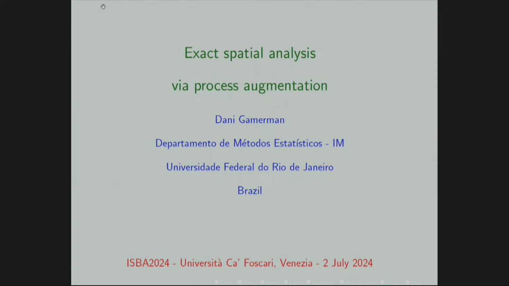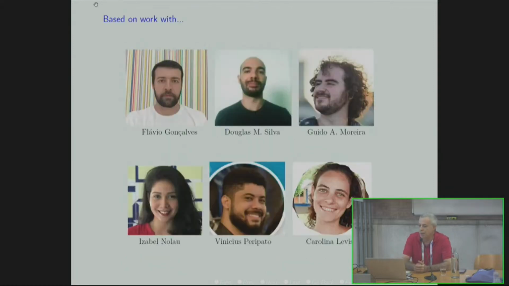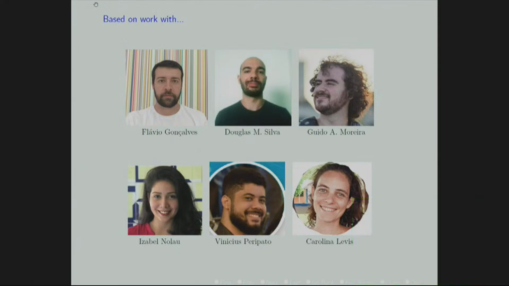My talk is going to be about spatial analysis. I'm going to give you a few pointers to all the names, the words that are in the title alongside it. So the first point that I would like to make is that this is joint work with a few people. On the top line, you have Flávio Gonçalves, Douglas Silva, and Guido Moreira. They were all my graduate students and now my current collaborators. In the bottom line, you have Isabel Nolau, who is my current doctoral student. And then all in statistics.